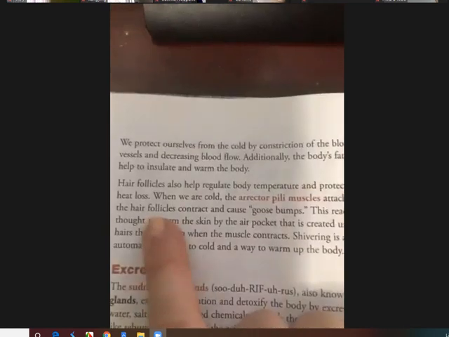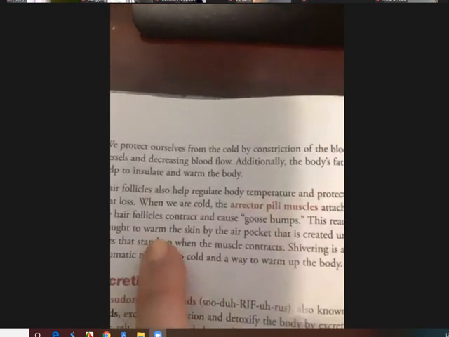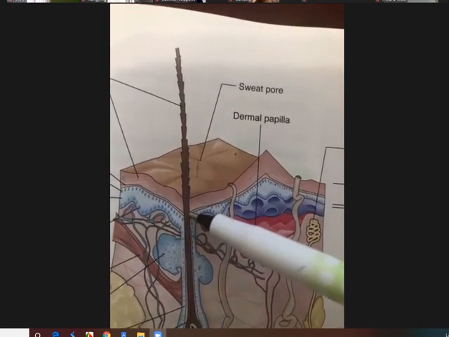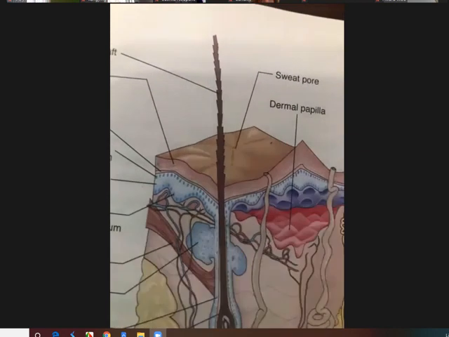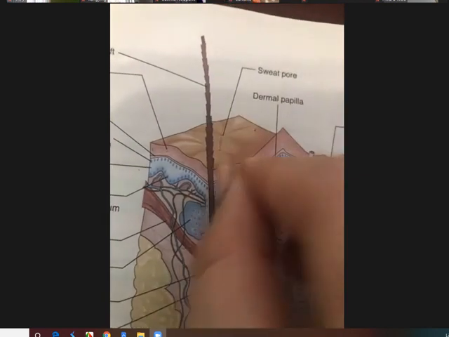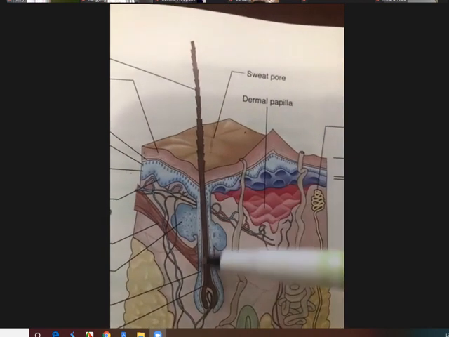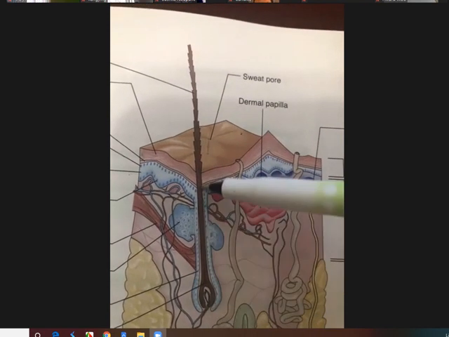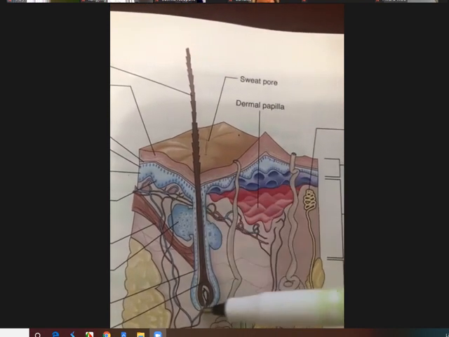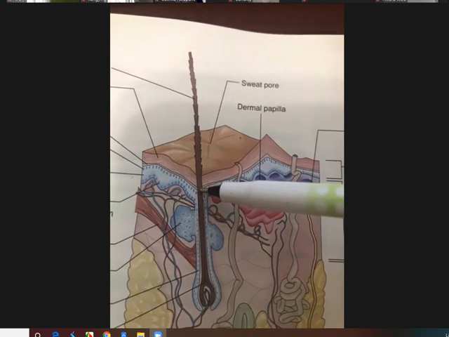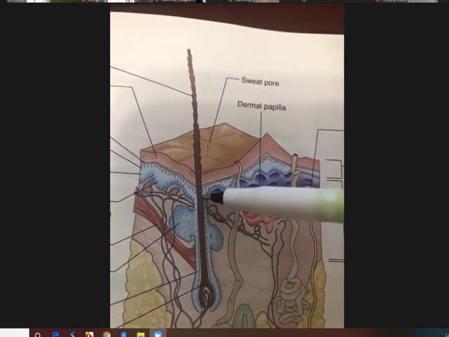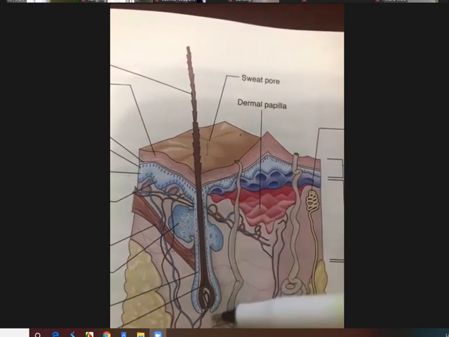Okay? So when the auricular pulls the hair follicle, this will warm the skin by the air pocket that is created under the hair. Now you can see here, this is your pore. Okay, when the auricular muscle pulls it and close it, this here, it's an air pocket. So it will lock the air inside to keep you warm. Okay, becomes an air pocket because this is a tunnel. It's a hole.